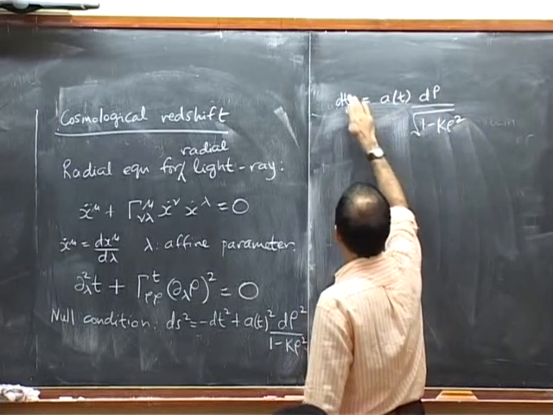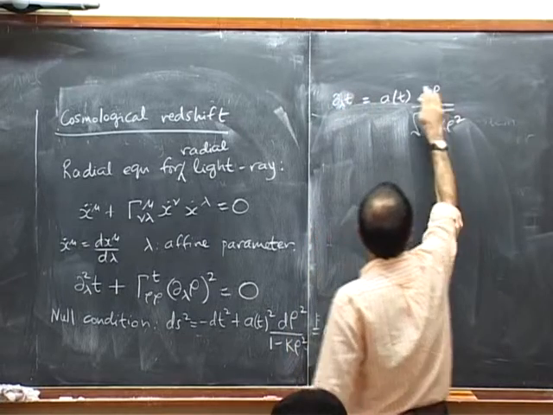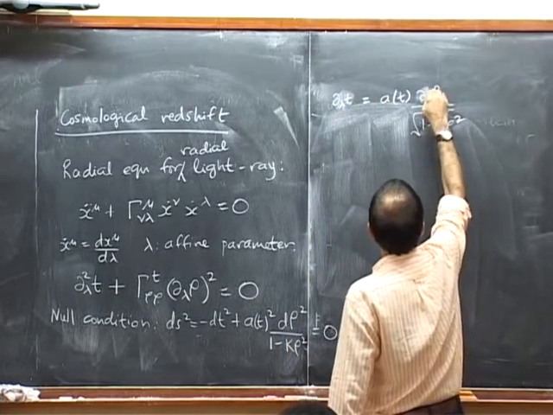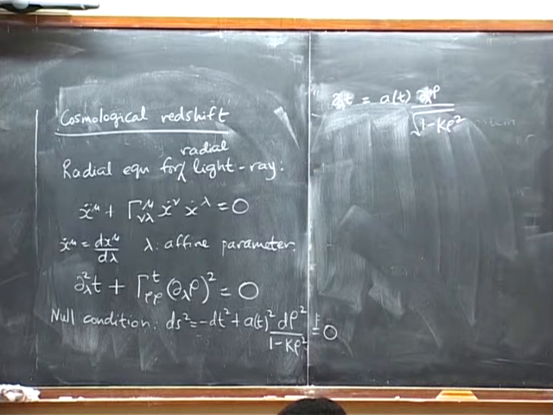So I can divide by d lambda, my affine parameter, on both sides, and I get del lambda of t is del by del lambda of rho over this. So this is one relation between the lambda dependence of t and rho.